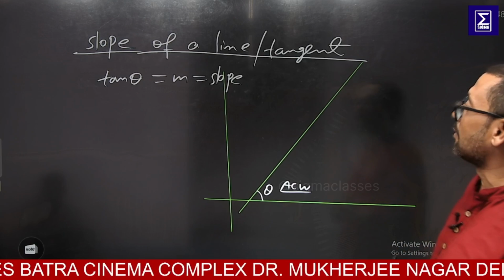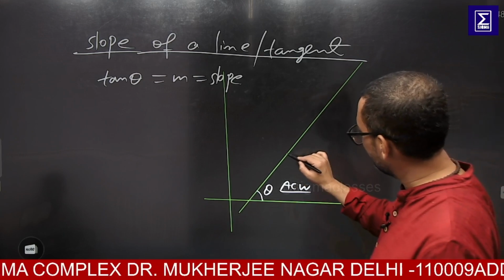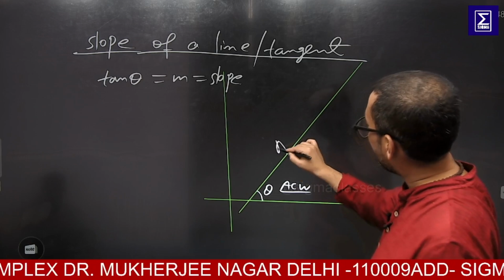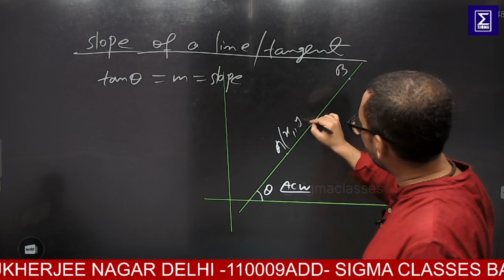अगर हमारे पास दो पॉइंट है, जैसे पीछे था, in a similar way, just assume कि 2 points है. There is one is A and another is B. Coordinate of A is x1, y1.